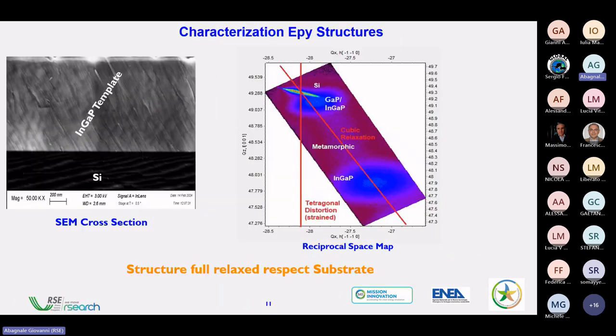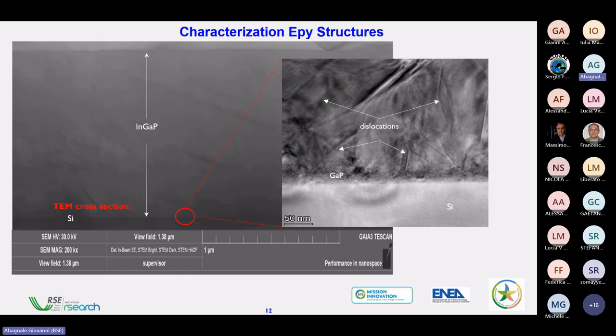This is just a brief characterization of the epitaxial structure. It is possible to see that the structure is fully relaxed with respect to the silicon substrate, which is what is expected, of course, based on the simulation. In the next slide, it is possible to see the TEM analysis showing a cluster of dislocations, especially in the dislocation layer, very close to the interface with the silicon.